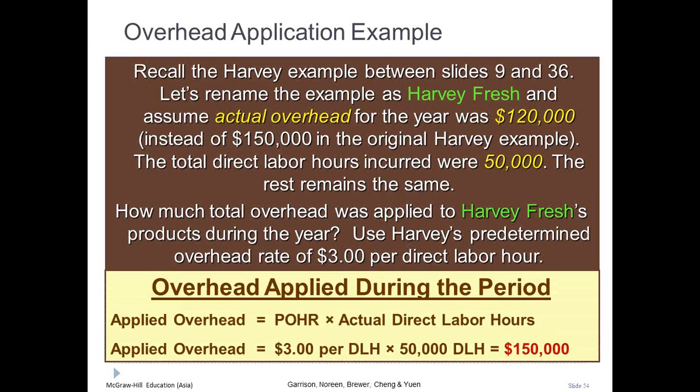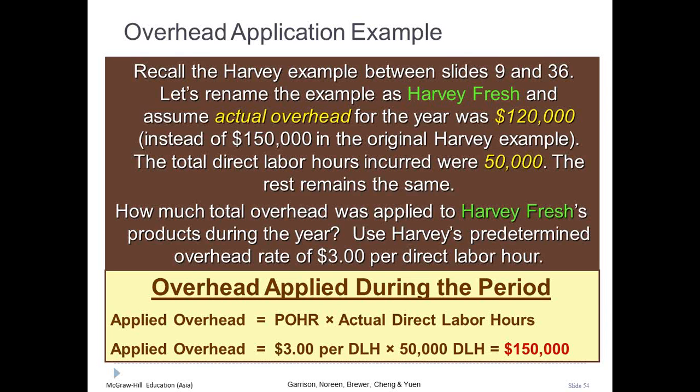Now you see it. Harvey Fresh would have applied $150,000 of overhead during the period. Why? $3 per direct labor hour times the 50,000 direct labor hours actually worked, which is $6 per unit for the 25,000 units produced.